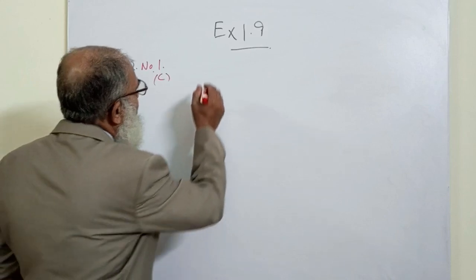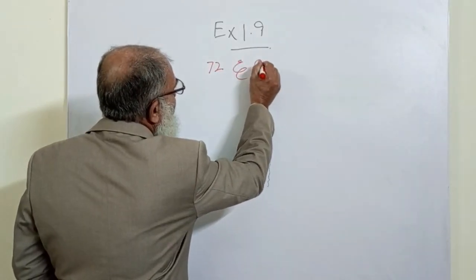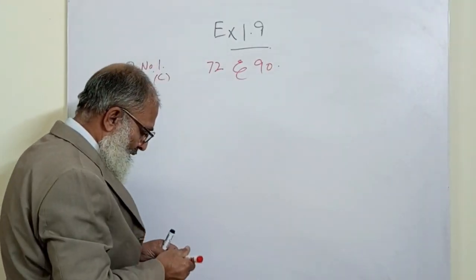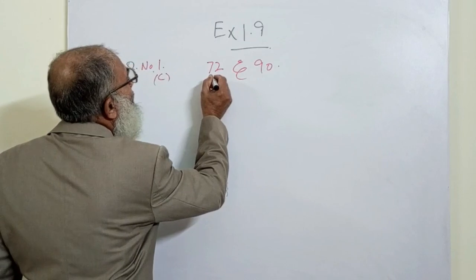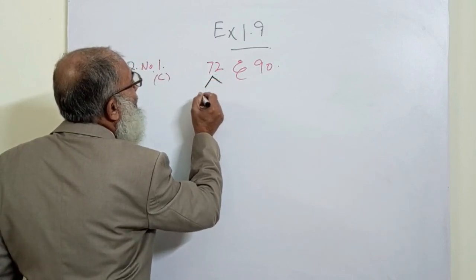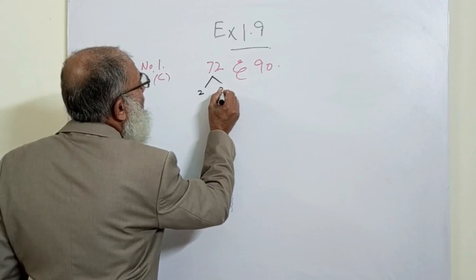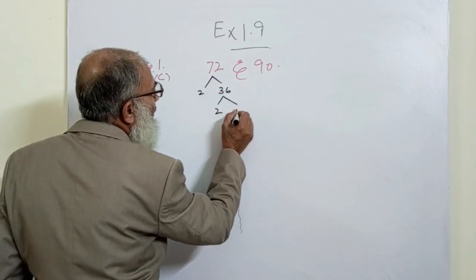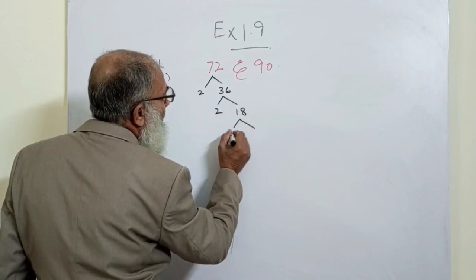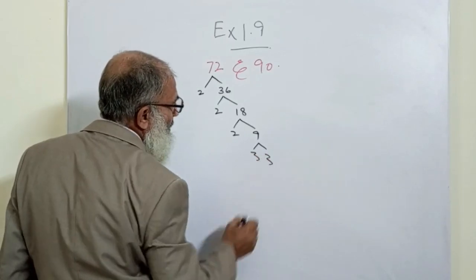72 and 90. We have to find the HCF of both. So we start right from here: 2, 36 and 2, 18, 2, 9 and 3.